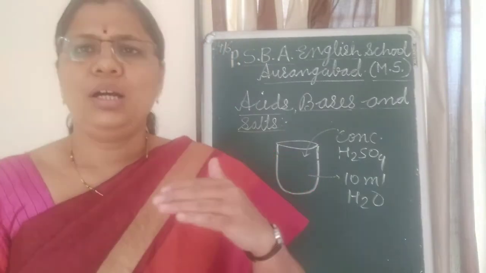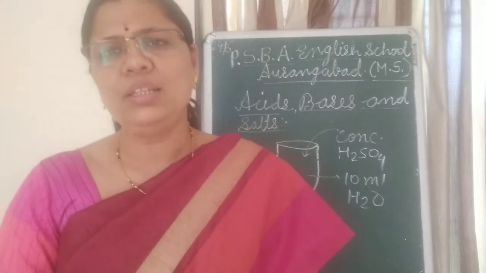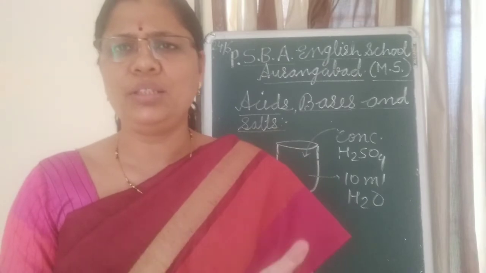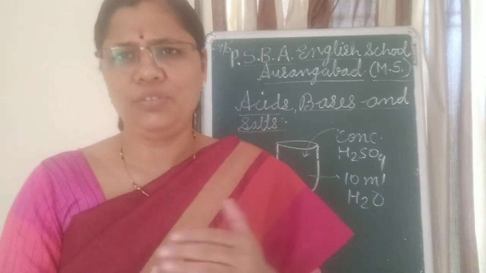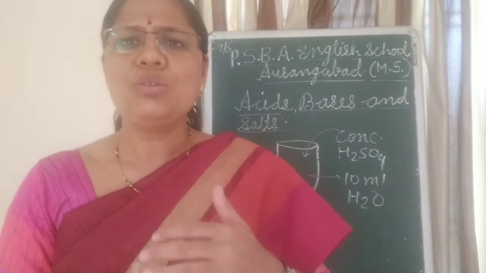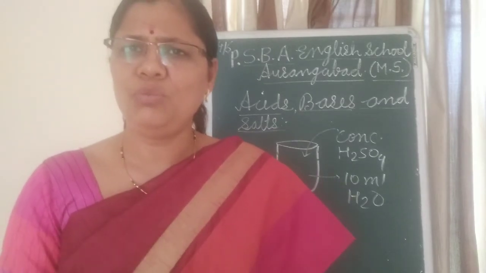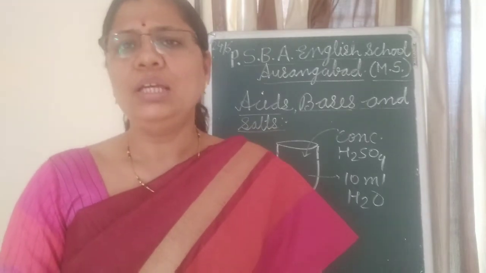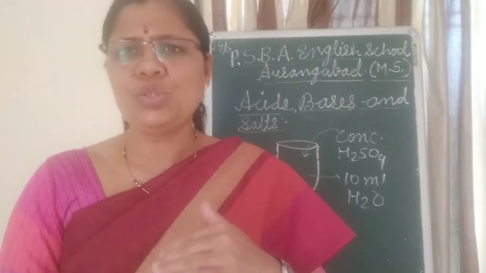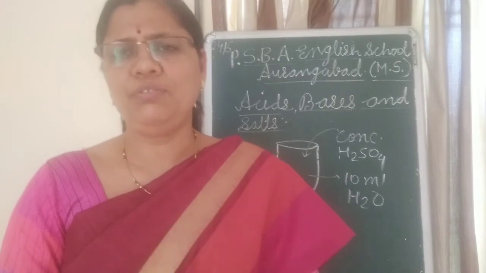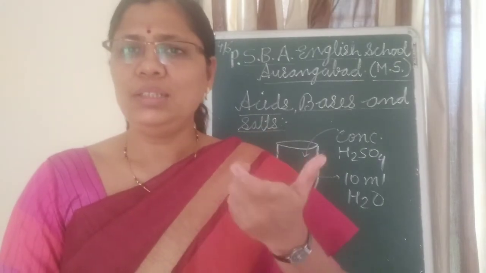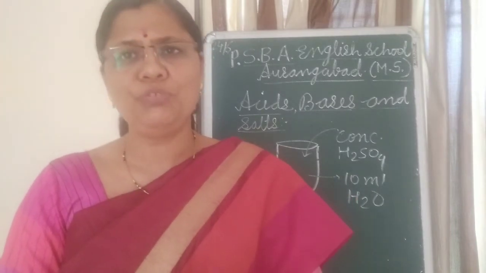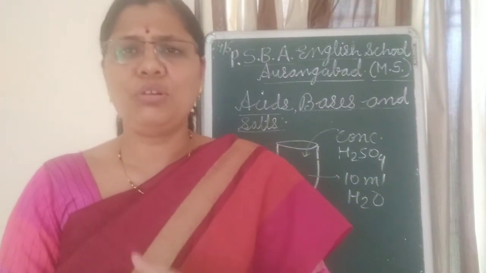Superficially, if we think that we are doing the dilution process, there is addition of water to that acid, definitely acid should be added to the water. So if we go on adding water in an increasing manner, then the H3O+ ions should be more, superficially if we think. But it is given that H3O+ ions decrease per unit volume if we are dissolving that acid or base in the water.